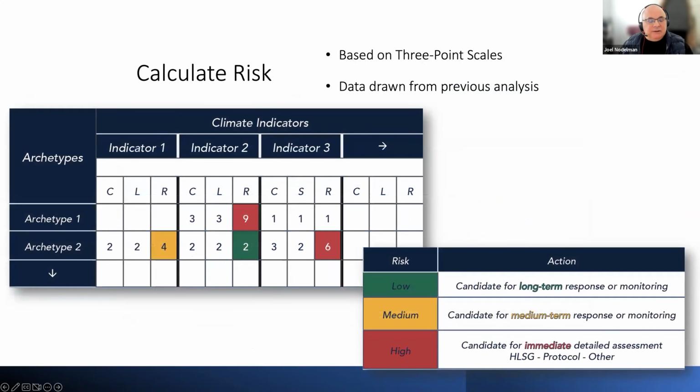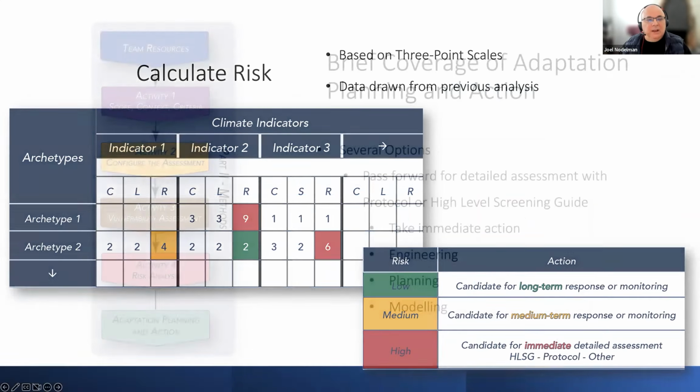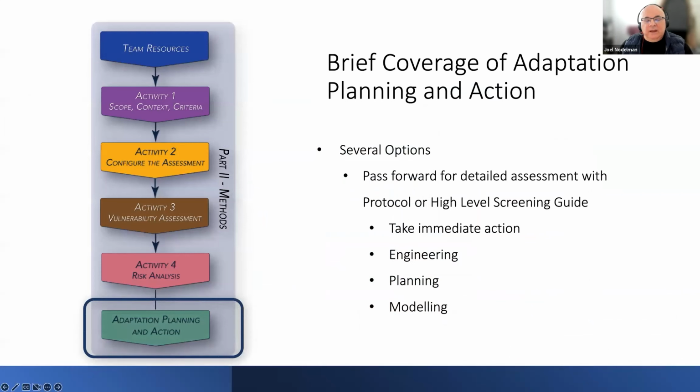You calculate your risk just like we always have, and then once again we have a set of recommended criteria around what you would do if you were identifying these sorts of risks, high, medium, or low. Just like the catalog, it gives some brief coverage of what to do next in terms of adaptation planning, risk treatment, those sorts of things. So it provides a brief thumbnail, but it doesn't provide full coverage.